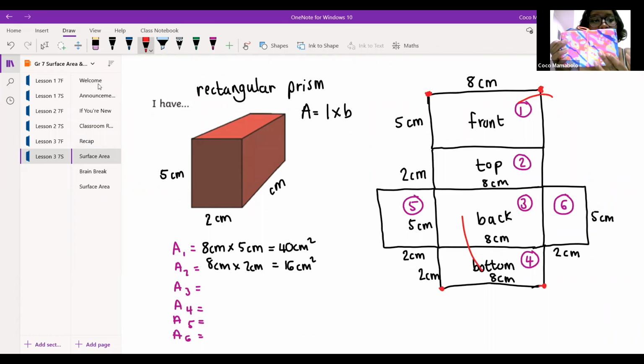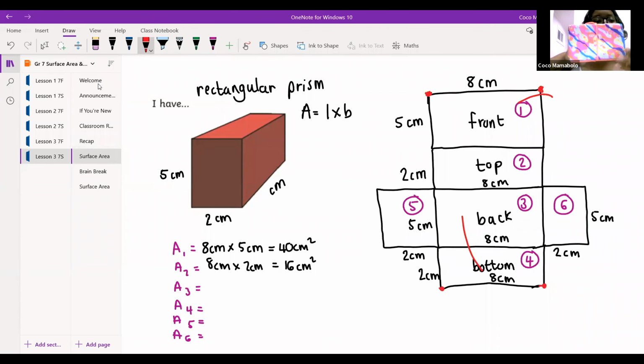The bottom. Ooh, the bottom is a little smaller than the front. Which other side is going to look exactly like my front? The back. The back, exactly. So when I started calculating, I calculated the front, then the top, and after the top, I went to the back.